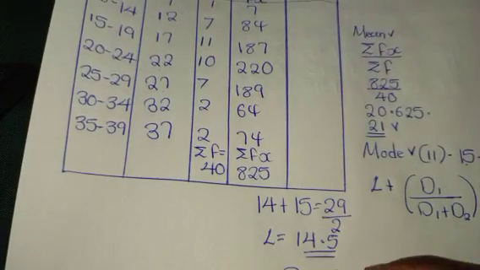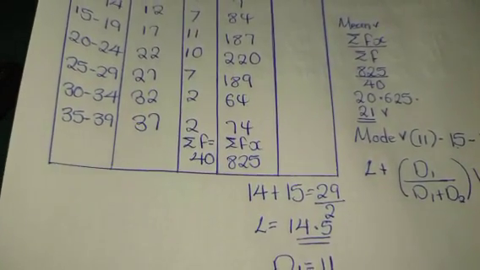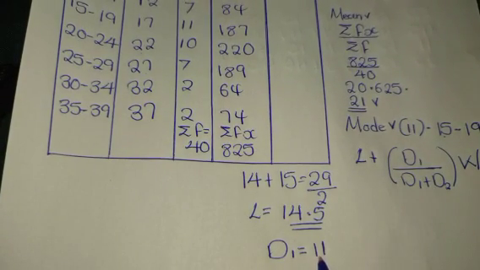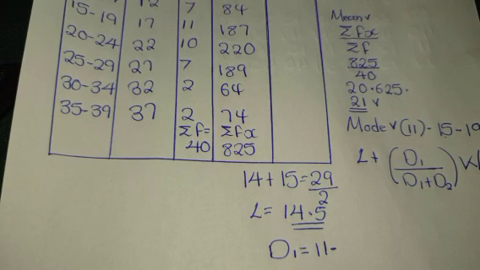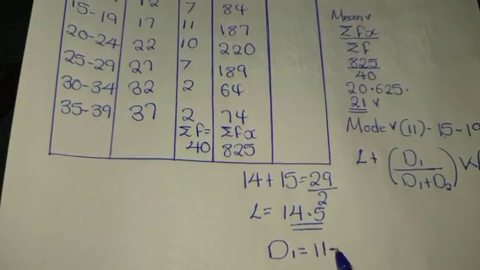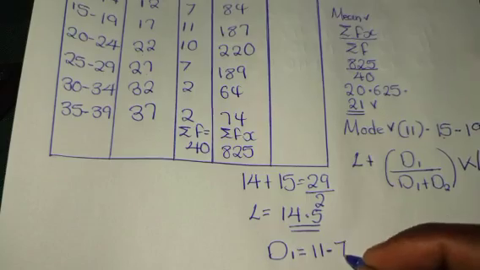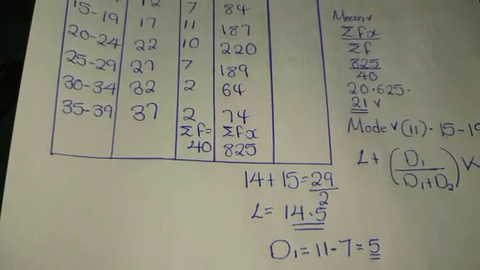Was 11. The 11 was the mode frequency class which we had. Then now that we have D1, remember D1 is the difference between the mode frequency and the previous frequency, of which the previous frequency was what? Was 7. So you will subtract 11 minus 7, you get your answer to be 5.